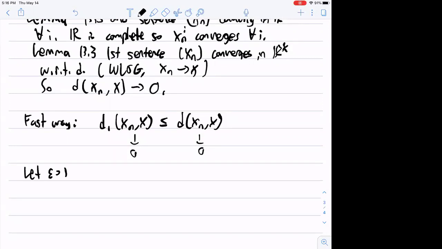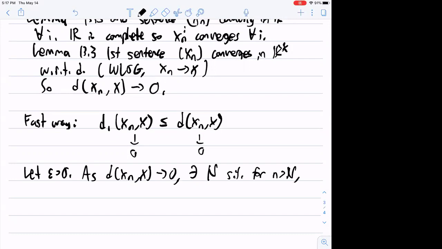Let epsilon be bigger than 0. As d(x_n, x) goes to 0, there exists N such that for n bigger than N, d(x_n, x) is less than epsilon, then you get this, right?